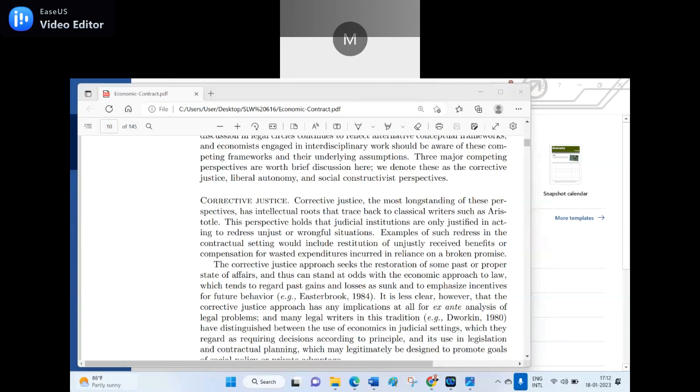That is the point here. What I want to say is, the perspective holds that judicial institutions are only justified in acting to redress an unjust or wrongful situation. But the judiciary sees only how much compensation should be given. The judiciary should also see what the fair chances are of him getting married when he became lame.